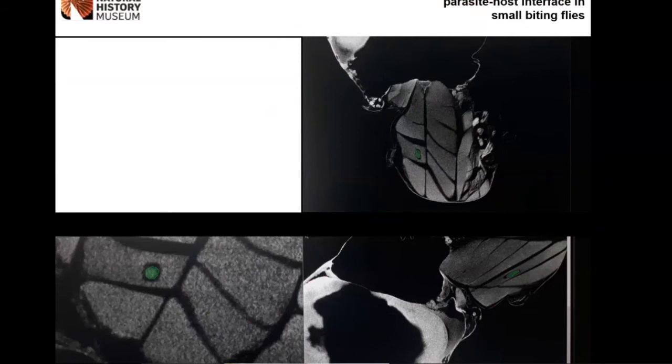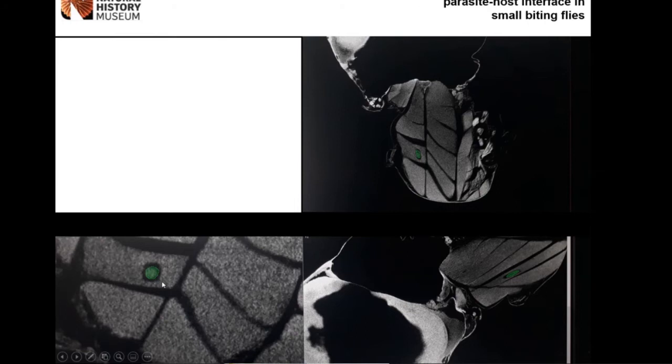Just to show you the sort of 2D images you get back from the CT scanning. Each image here is taken at 90 degrees to the other. Basically you look through for the organ that you want, and in this case, the Onchocerca nematode in the flight muscle.